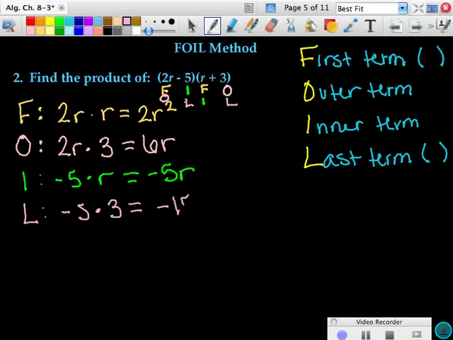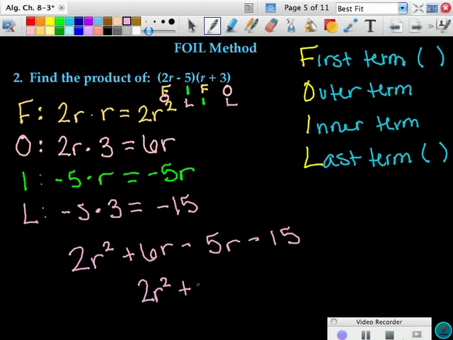Okay, now if you check out what we've got going on, we have our final result, 2r squared plus 6r minus 5r minus 15. Now we'll refer back to our first section of combining like terms. Simplify: 2r squared plus r minus 15. And there, ladies and gentlemen, is your answer.